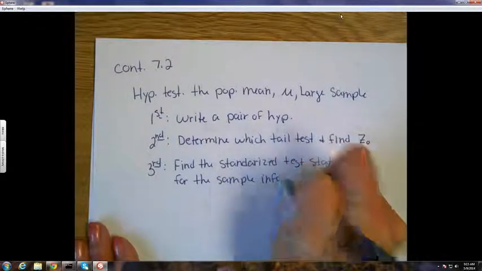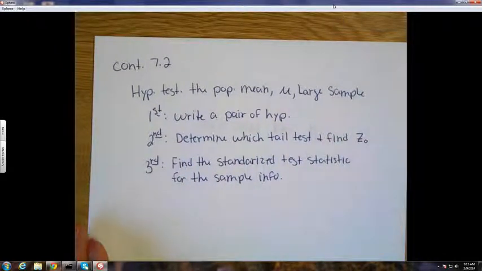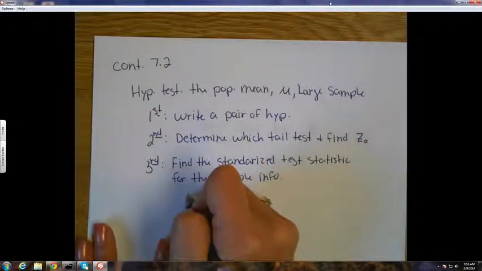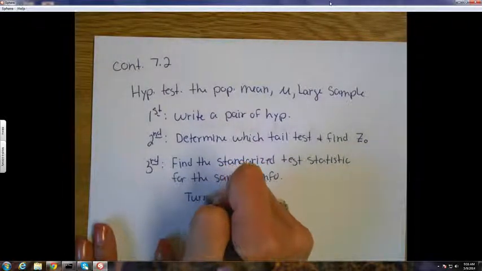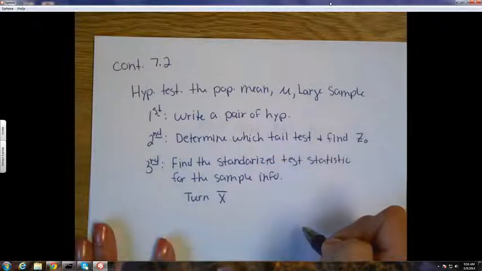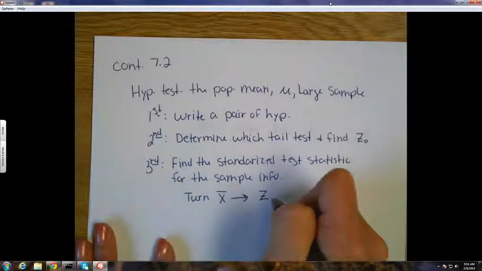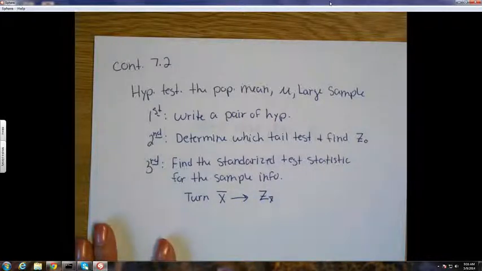So, what does that actually mean to you? You are going to turn the sample mean into a Z-score. So turn your X bar, which is your sample mean, into a Z-score. Do you remember how to do that?